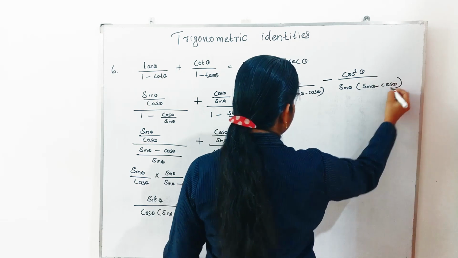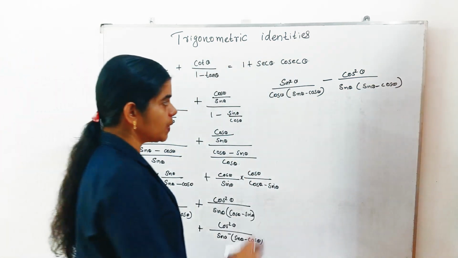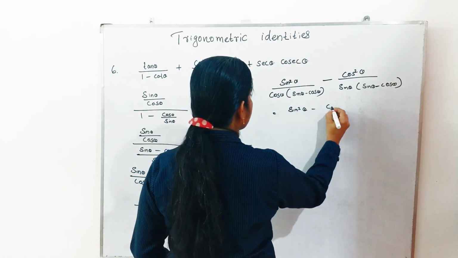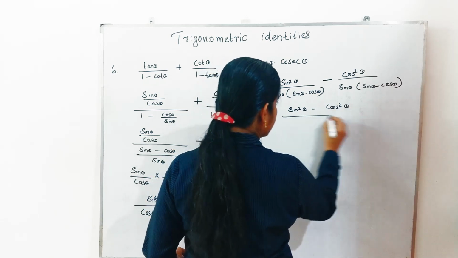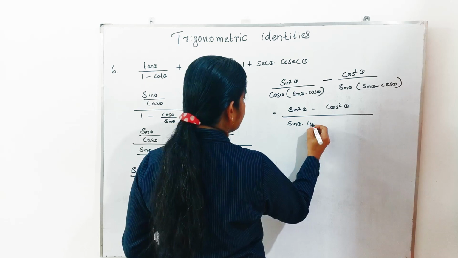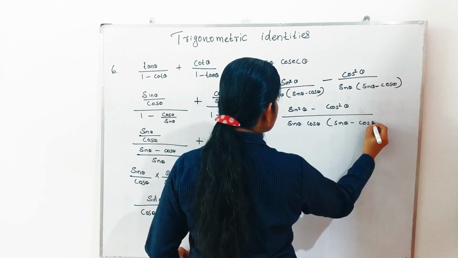To get the same sin theta and cos theta here, that's why I have taken that minus. So our equation becomes sin square theta minus cos square theta divided by sin theta cos theta into sin theta minus cos theta. Okay.